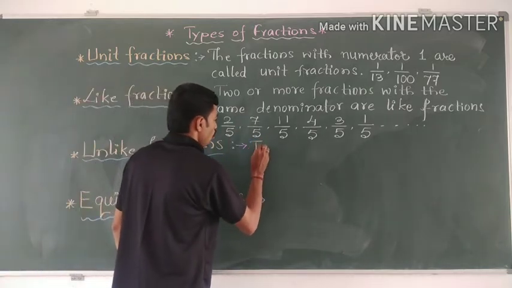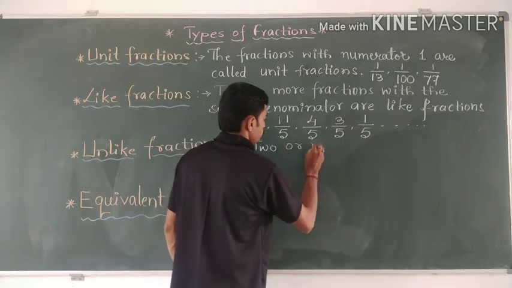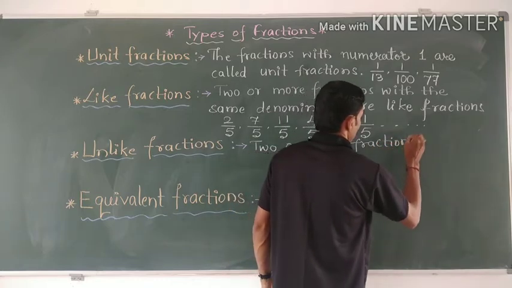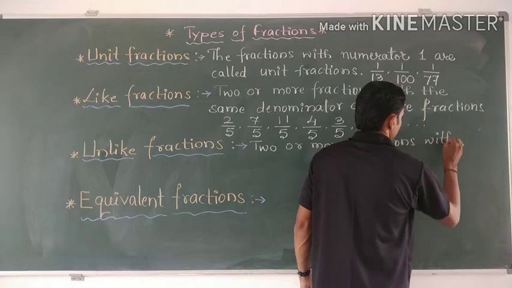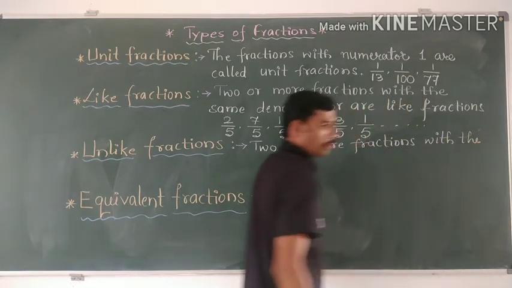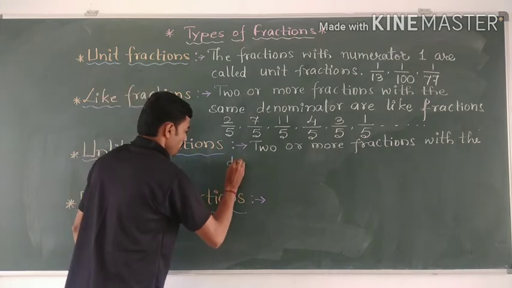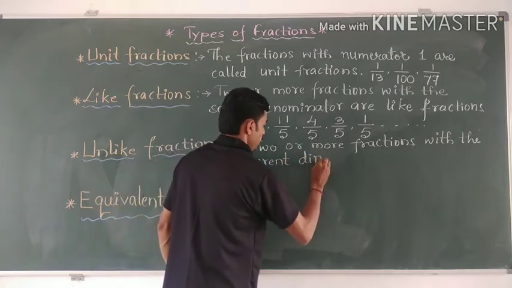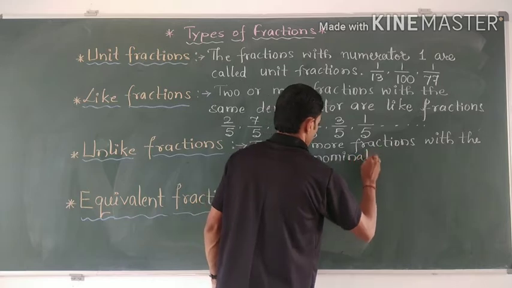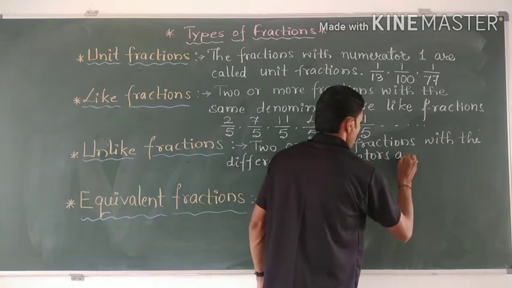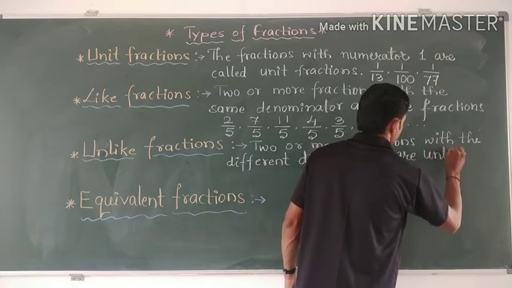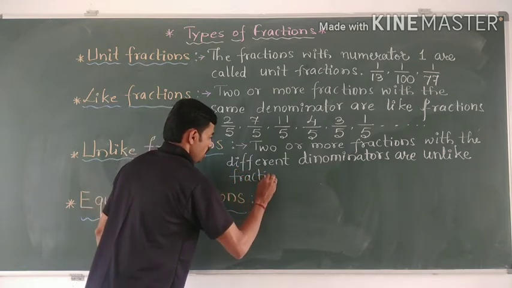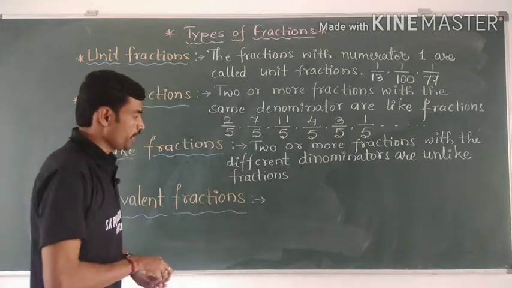Two or more fractions with different denominators are unlike fractions. So those fractions are said to be unlike fractions.